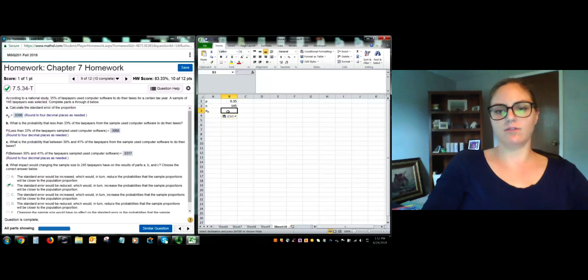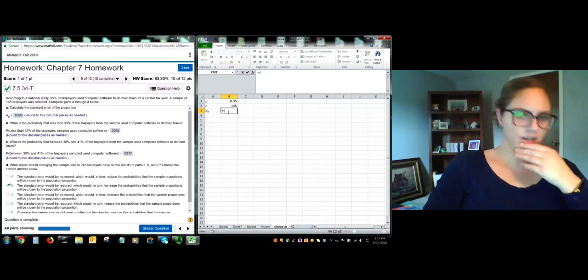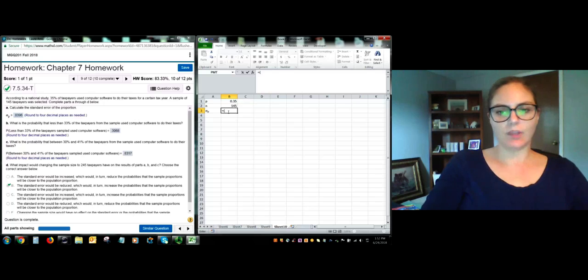The parameter actually for the proportion is pi, so in your text it may state that, and that's obviously different than the constant pi.